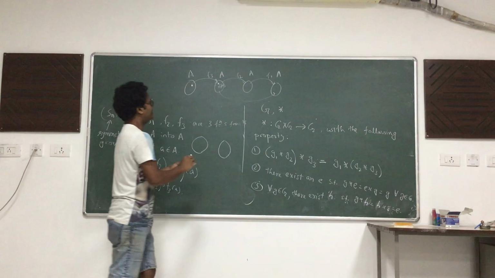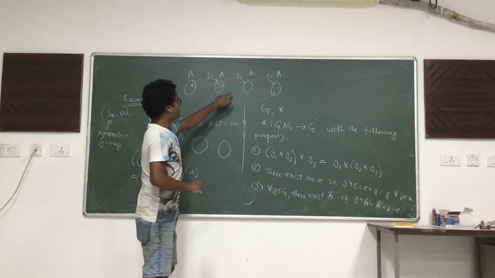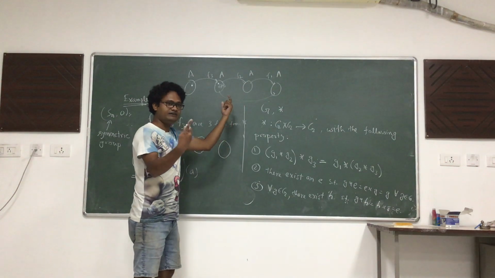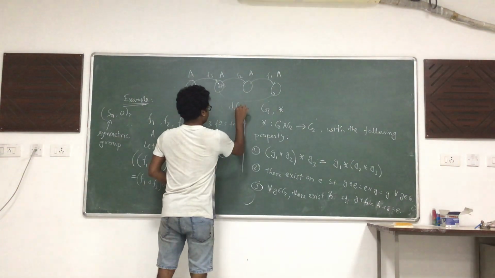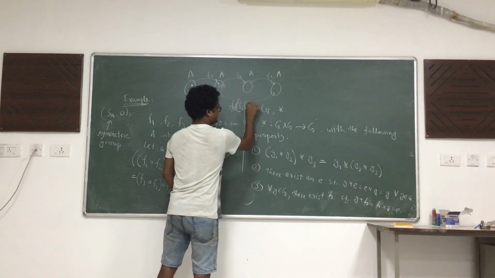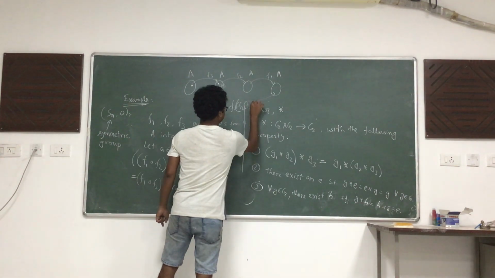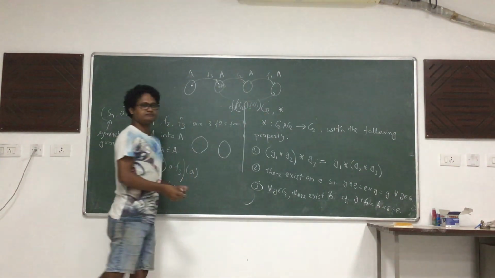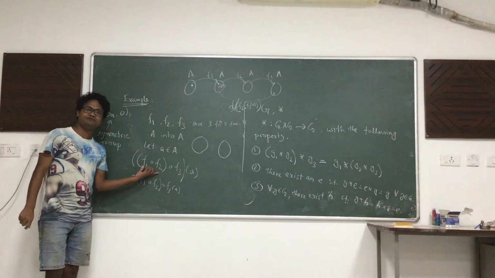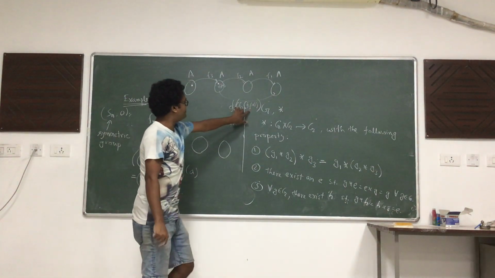F1 composed F2 is already defined to be F1 of F2 of whatever the element I have, and that element is F3 of a. So it's basically F1, F2, F3 of a.